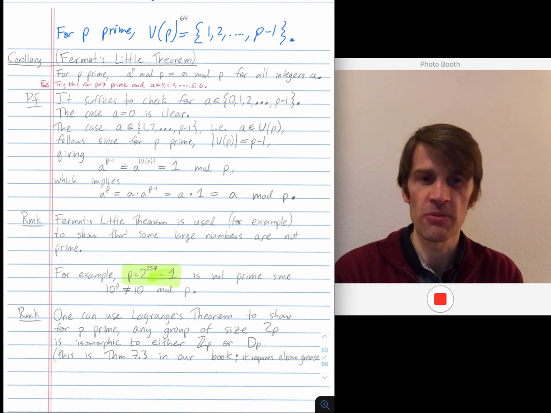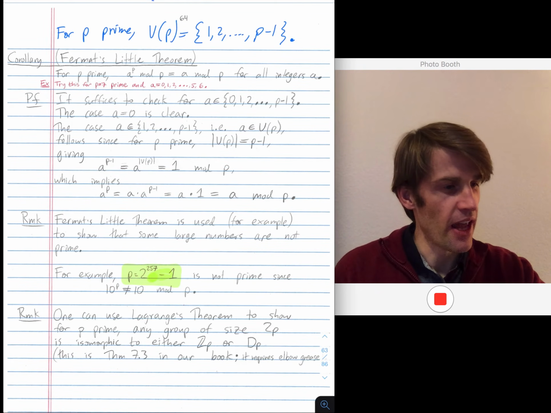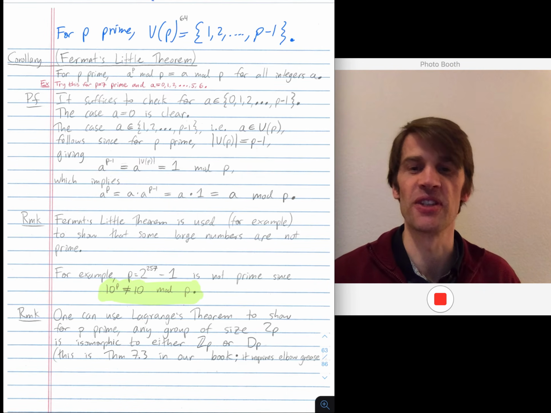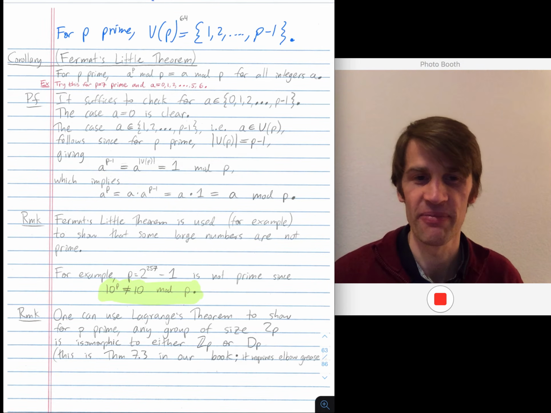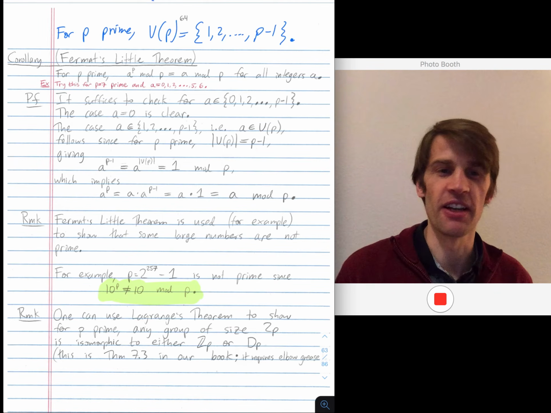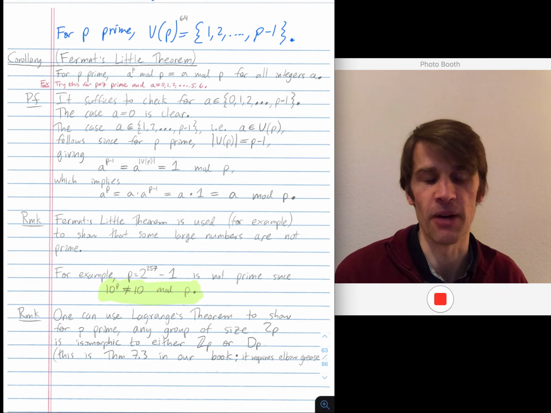Well, you can do some computations. If it were prime, then any number raised to that power should be congruent to itself mod that number. So p is this number, 2 to the 257th power minus 1. If p is truly prime, any number a to the pth power should be congruent to that number a, mod p.